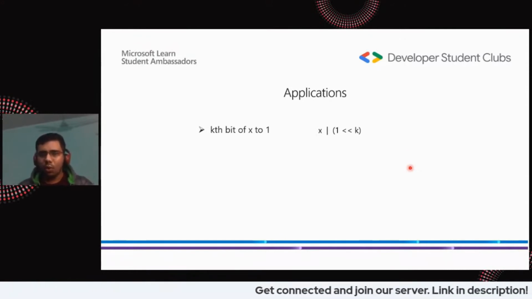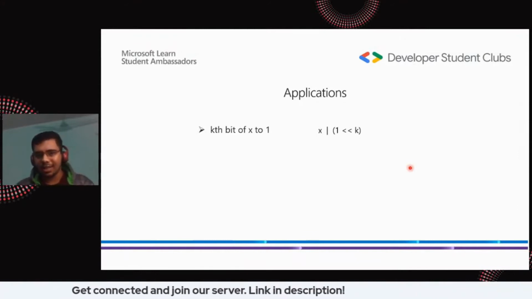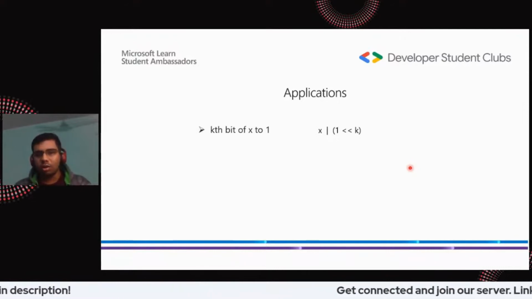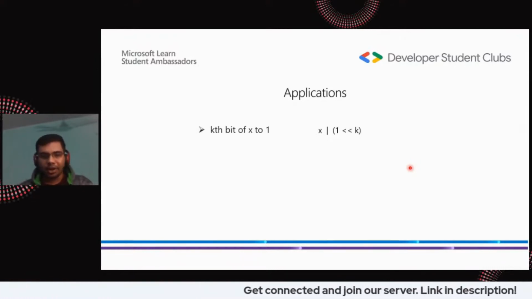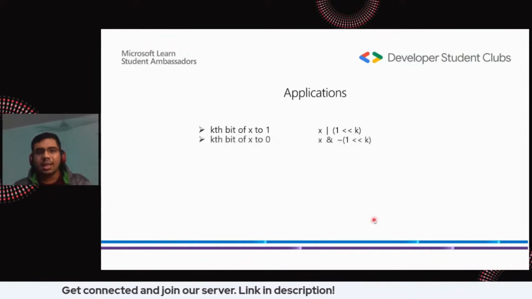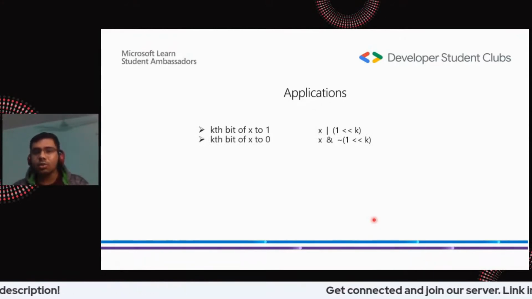Okay, we'll try to get some use of these formulas at a later stage. But now let's understand all the formulas that we get out of bit manipulation using all these operators we have. So the next application is when you try to set the kth bit of x to 0.